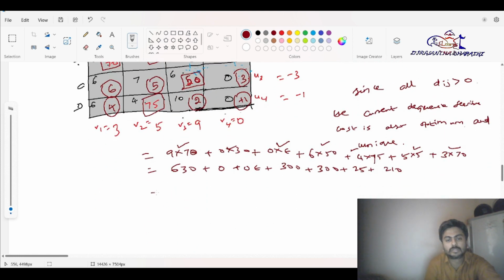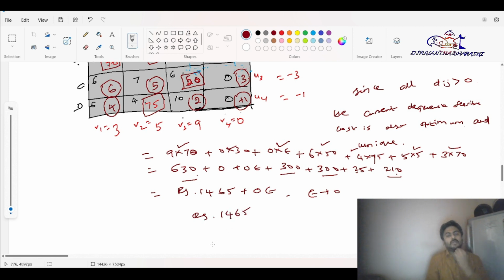The total cost is 600 plus 300, 900, 1200, 1400, 1430, 1440, 1465 rupees. 1465 plus 0 epsilon, and that epsilon will tend to 0, or you can simply write it as rupees 1465.